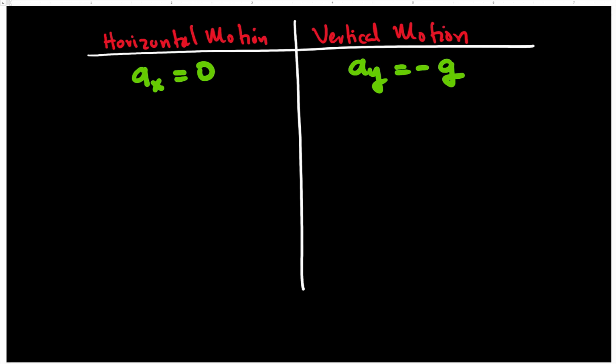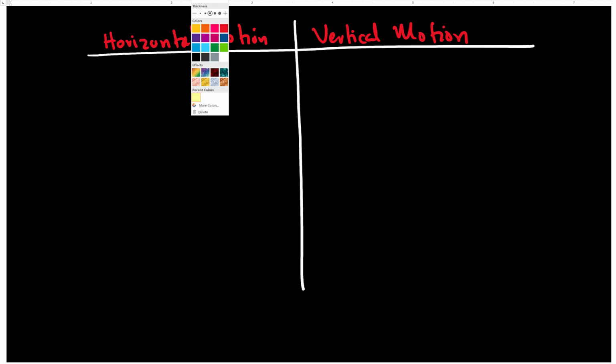Now, it is crucial because AX is 0, it means that VX... So the very next step that we will take is to look at the horizontal motion and the vertical motion separately.